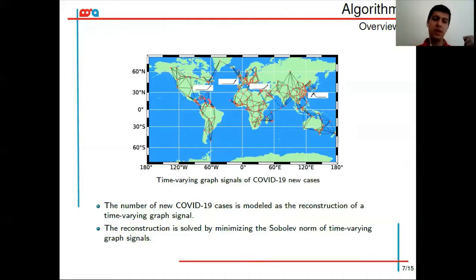We have a time series for France, a time series for Italy, a time series for China, and so on. Then we are going to reconstruct all the time series using the graph, the spatial information, and the temporal information. We are going to do so using the minimization of the Sobolev norm of time-varying graph signals.